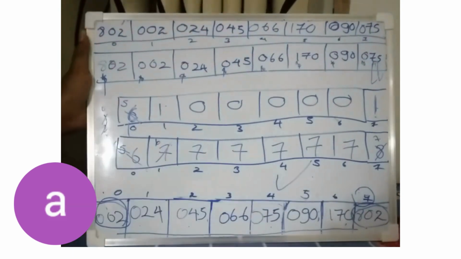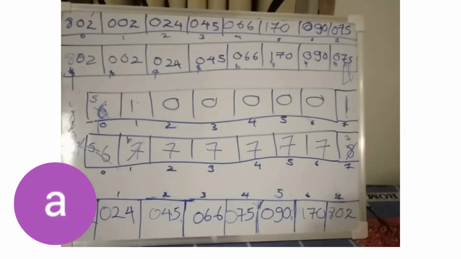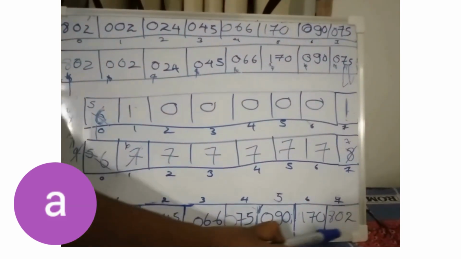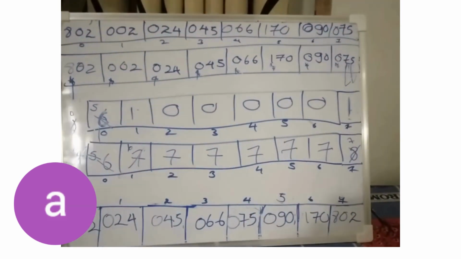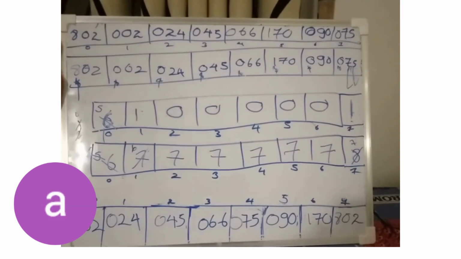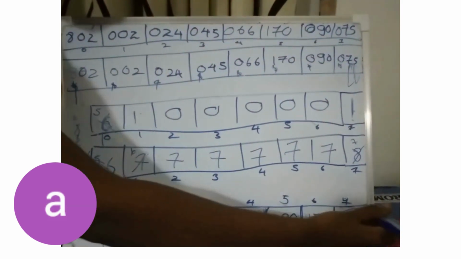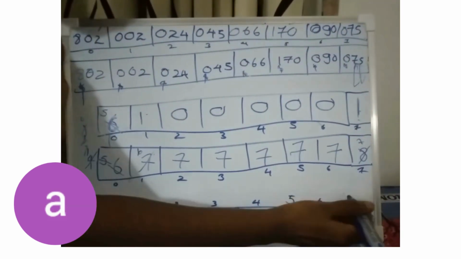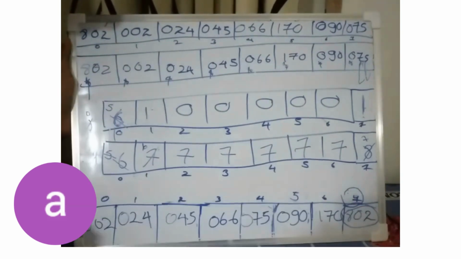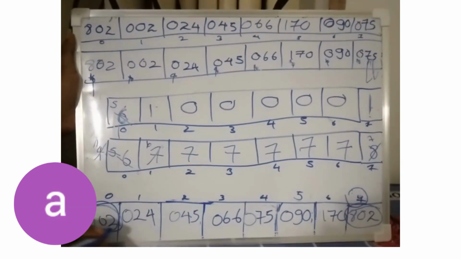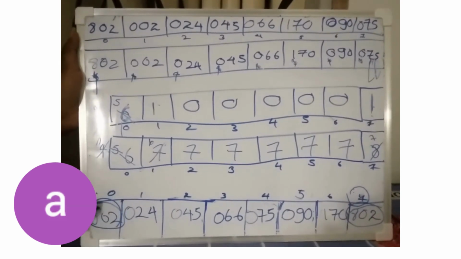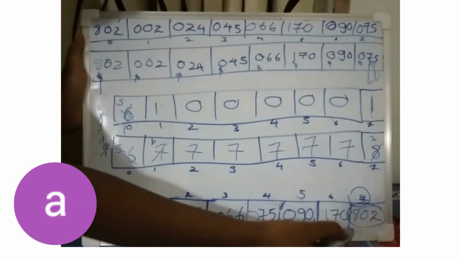It is sorted from least significance to more significance. So I think you're getting an idea how Radix sort is implemented. Okay, let's move to the code part.